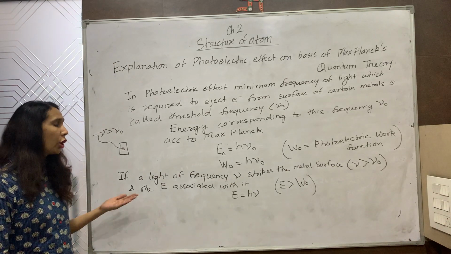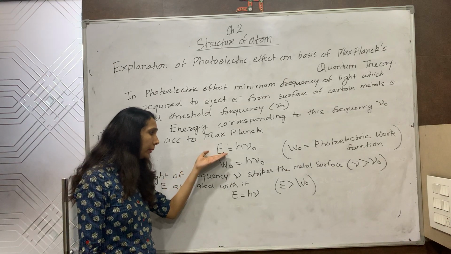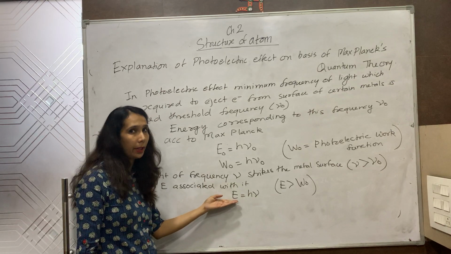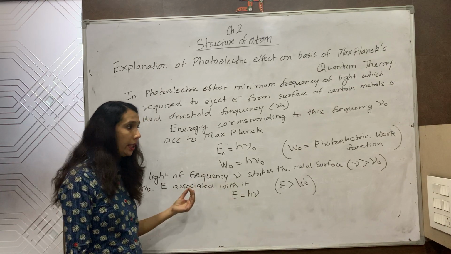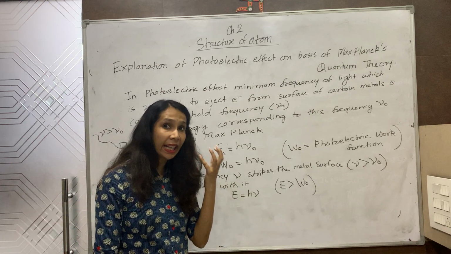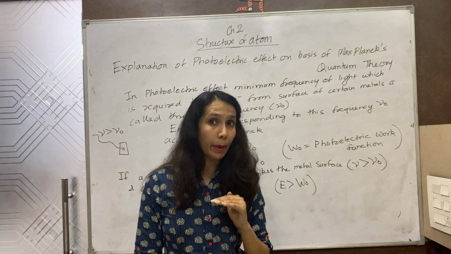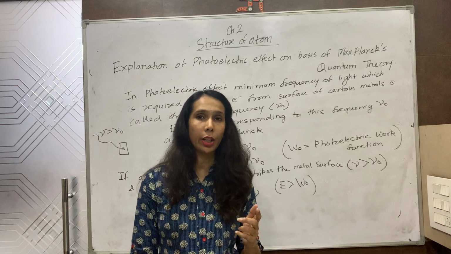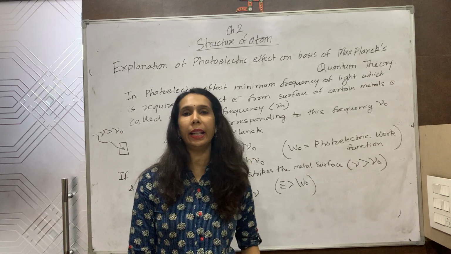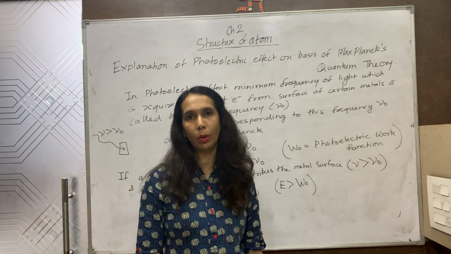The minimum energy I require is E naught, but I have given a light of energy E, right? So the extra energy which I am giving to the metal surface, that extra energy is converted into the kinetic energy of the electron.